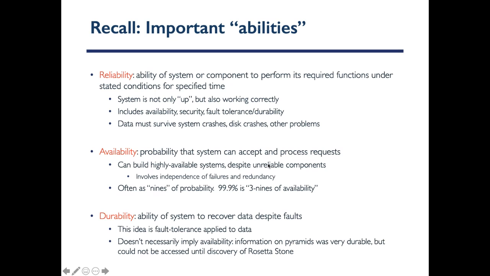Now, there are three abilities that are very important: reliability, availability, and durability. These are actually quite different. I'm not going to spend time describing each one of them, but you could potentially have a system that is highly reliable, but absolutely not available, or highly durable, but not reliable.